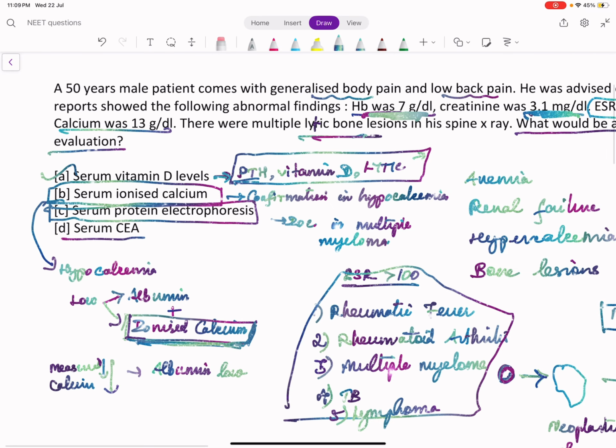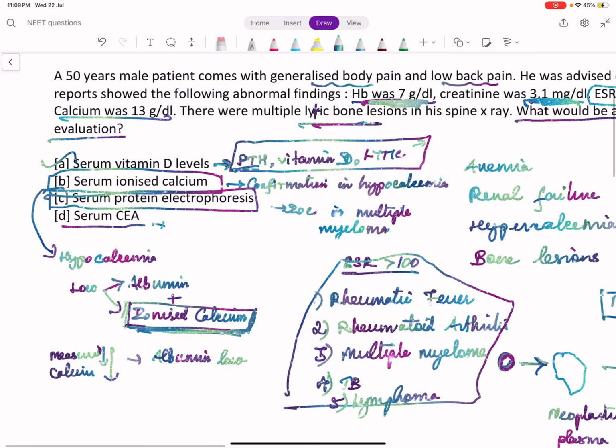Serum CEA is a neoplastic marker, a marker of colonic cancer. Of course, colonic cancer with metastasis could also be the answer, but it does not explain the renal failure, high ESR, etc. And nothing is given in the clinical scenario, like bloody diarrhea or bowel disturbances, so this is less likely. So maybe a challenging question. From this question, serum protein electrophoresis is more likely.